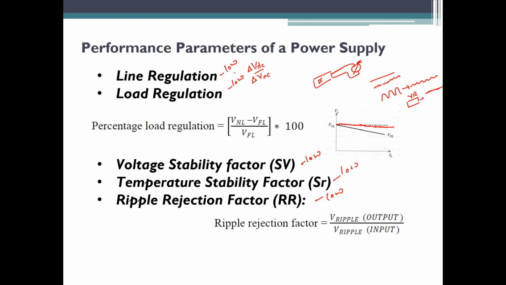So if you want all these parameters to be low, if you want line regulation to be low, if you don't want your line voltage or line current to be affecting the output voltage, or if you don't want your output voltage to be affected by the varying load, or if you don't want your voltage to be affected by the parameters with respect to your load and current, or if you don't want your power source to be affected by the temperature, or if you want your power source to have a very smooth DC output, then it is always better to connect a voltage regulator at the output of the DC.